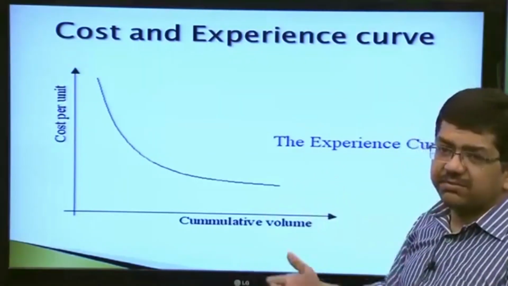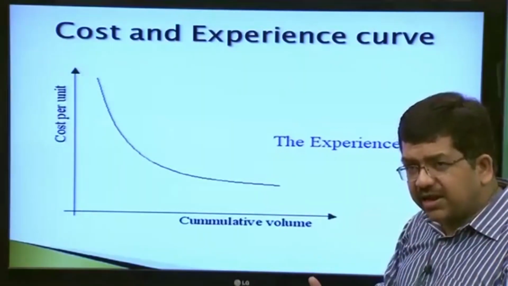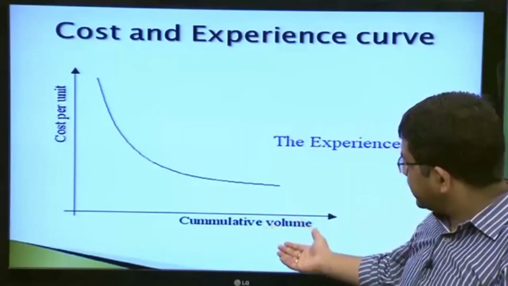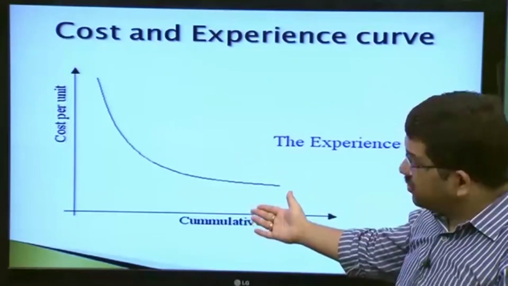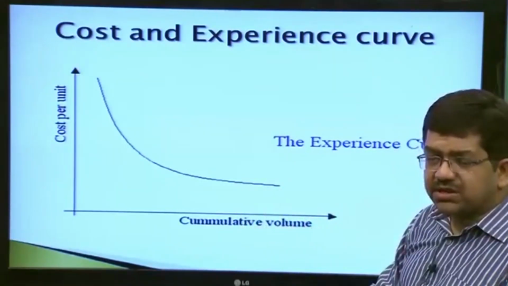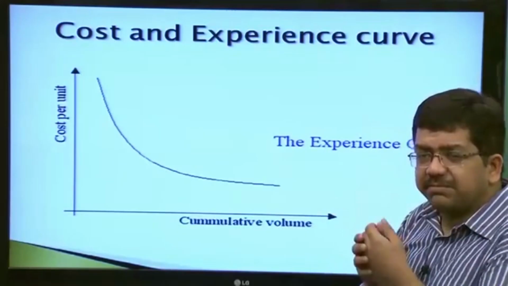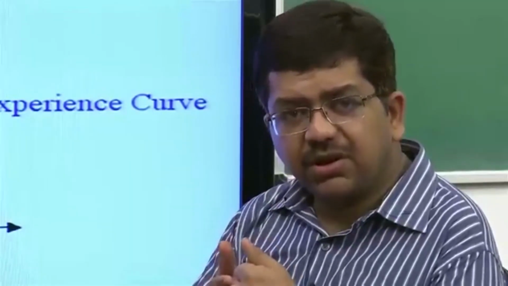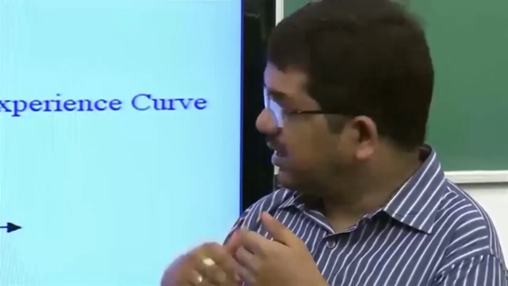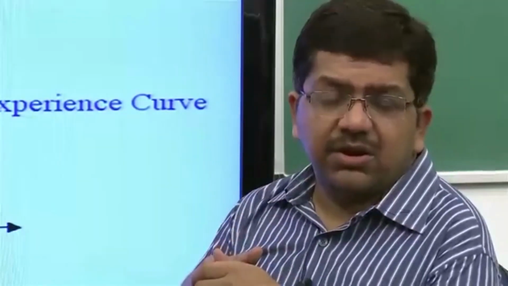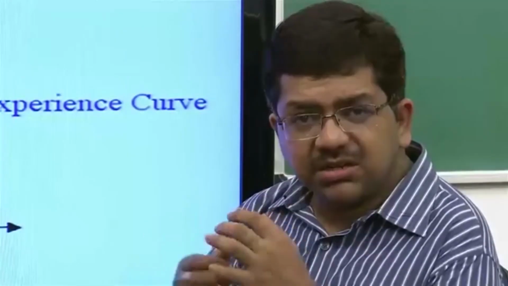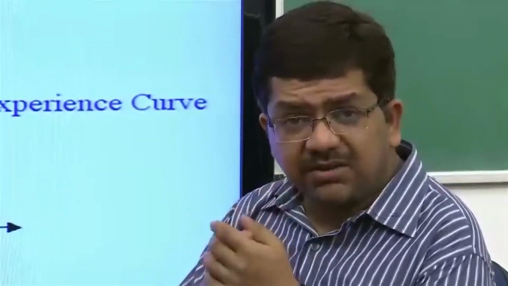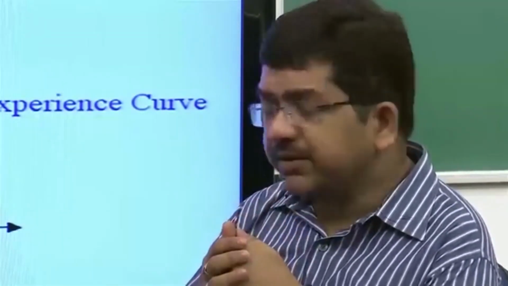Your learning curve will be very high, and you will understand better methods of production, better ways of managing your inventory, better logistics and distribution, and in fact better ways of promoting the product.